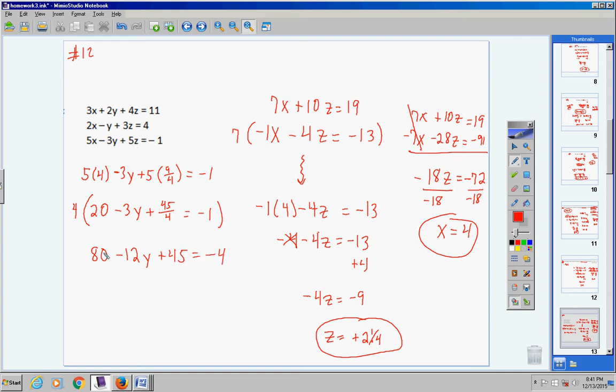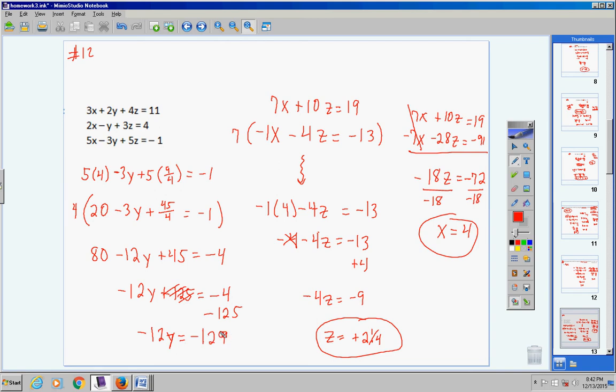Now combine your two numbers here, positive 80, positive 45, and we're left with positive 125. Okay, now bring the 125 over and make it negative. And we're left with negative 12y equals negative 129.